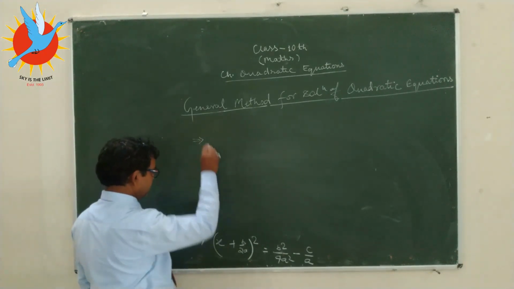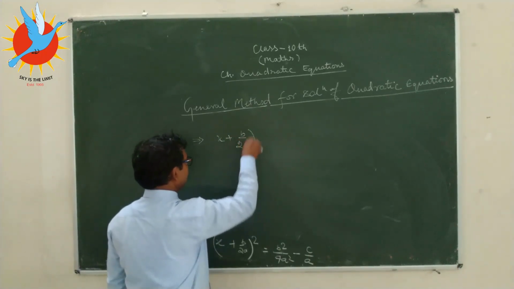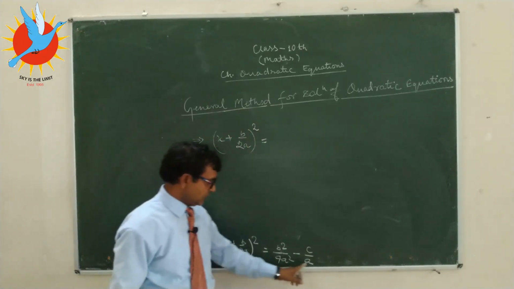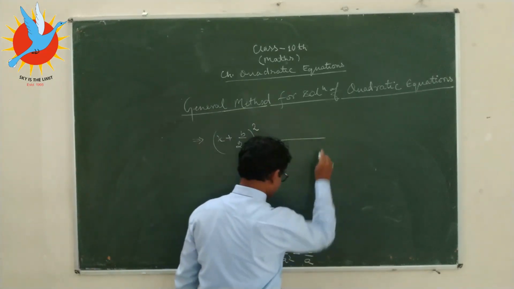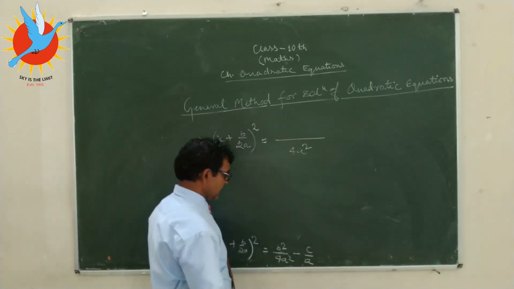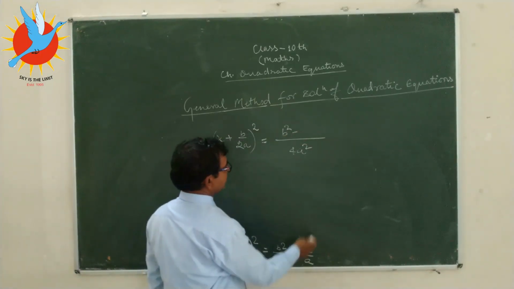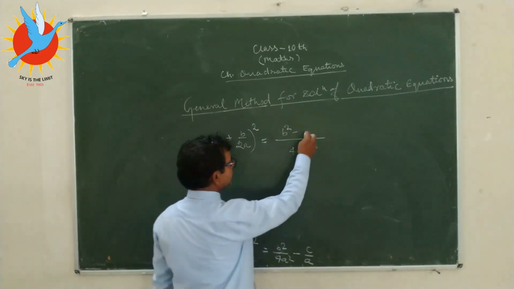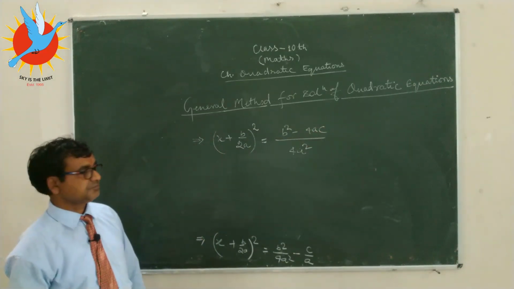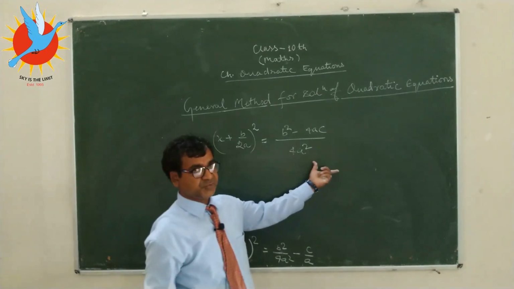Now we have x plus b by 2a whole square equal to, solve this, simplify, the LCM of 4a square and a is 4a square, and you have here b square minus, if you divide this by a, you have 4a, and 4a multiplied to c, this will become 4ac. Now take the root on both sides.